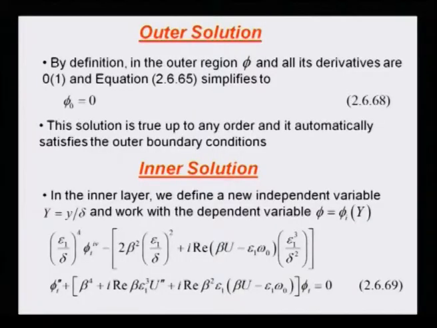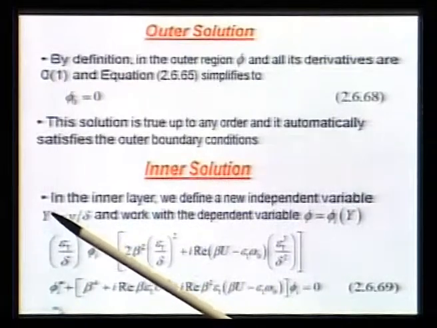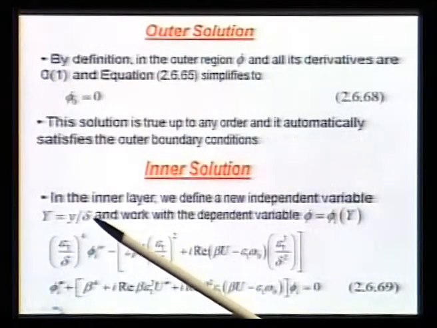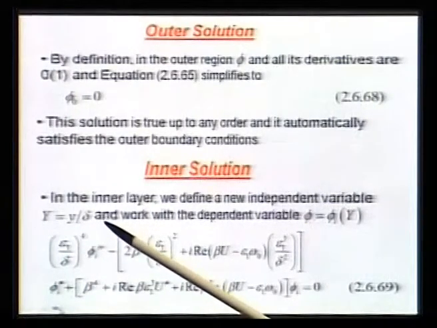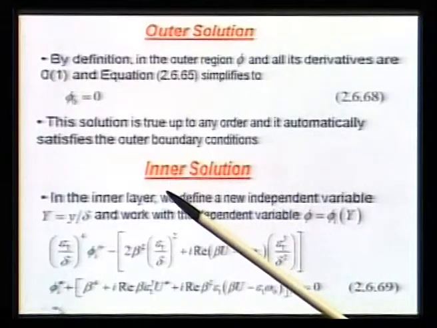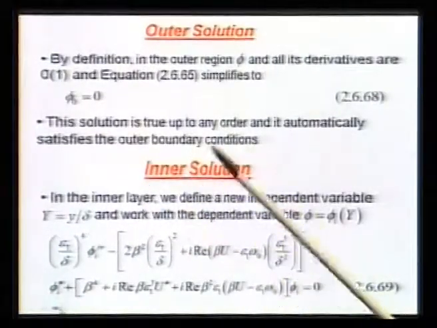So, we need to define a new independent variable, which we will call capital Y. Capital Y will be y divided by the boundary layer thickness of the orthogonal field equation. So, this delta has got nothing to do with the delta of the physical boundary layer. This is a mathematical boundary layer of the orthogonal field equation.